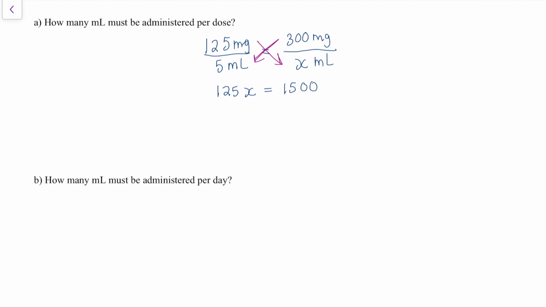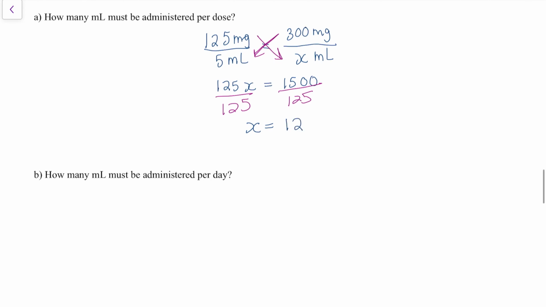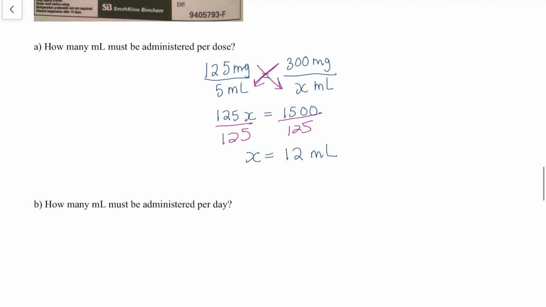And then I'm going to divide each side by 125, and I get x equals 12 milliliters. So therefore, they need 12 milliliters per dose.